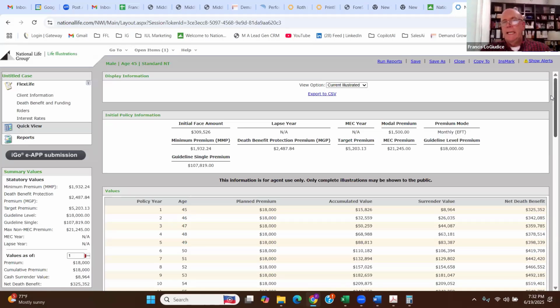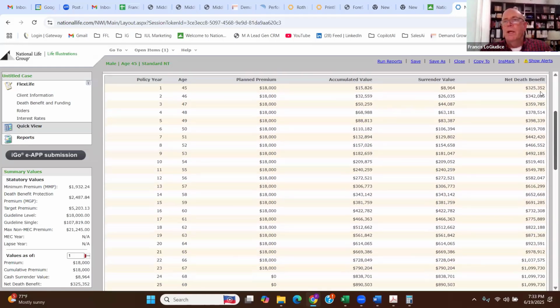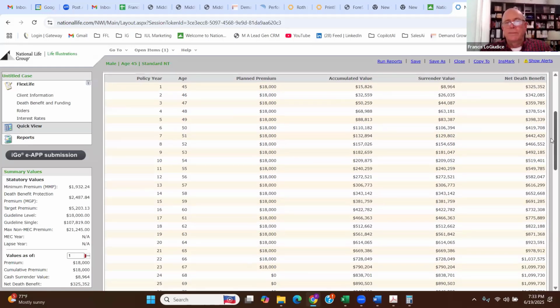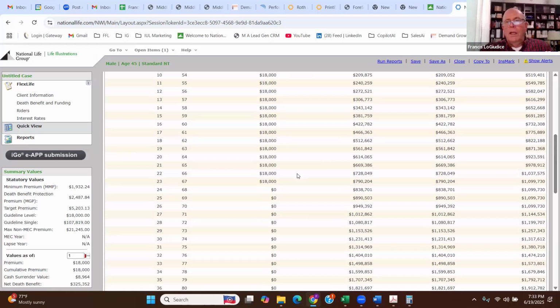Okay, again, you want to make sure that the client is comfortable with the amount of life insurance, because it is going to go up. Okay, it is going up as we go, and it's not quite as much. It's more than if it was level at age 68.